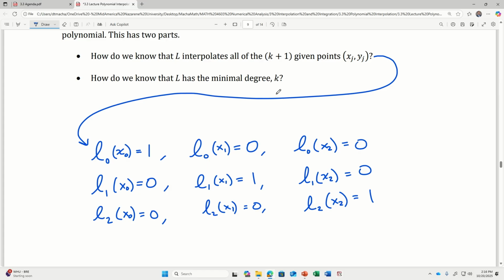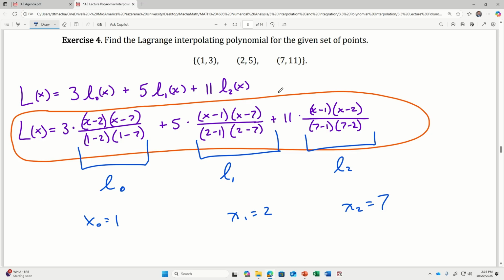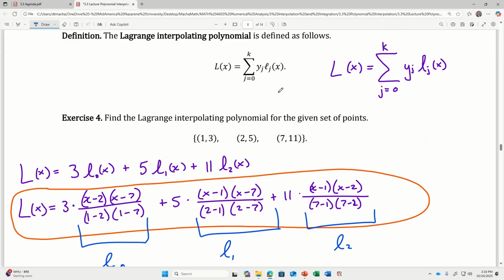So then the formulation of this whole Lagrange interpolating polynomial is saying, when I get to the x value corresponding to this node, I'm going to multiply that times the y value. That y value times 1 remains the same. That's what gives you the value of your polynomial, so that guarantees that my polynomial is passing through all the points.